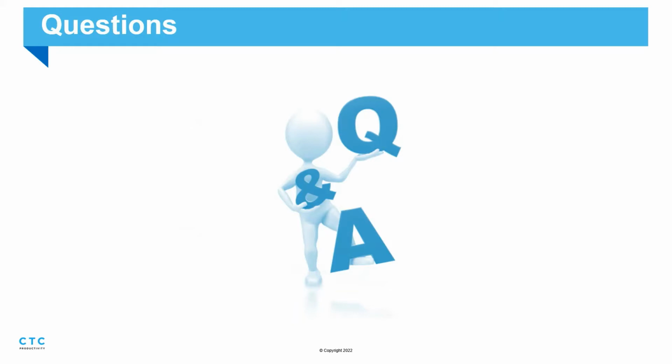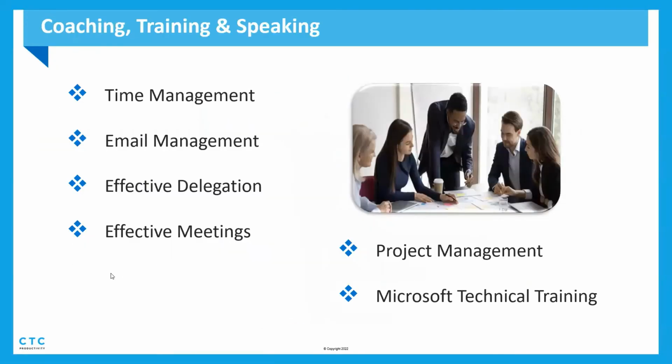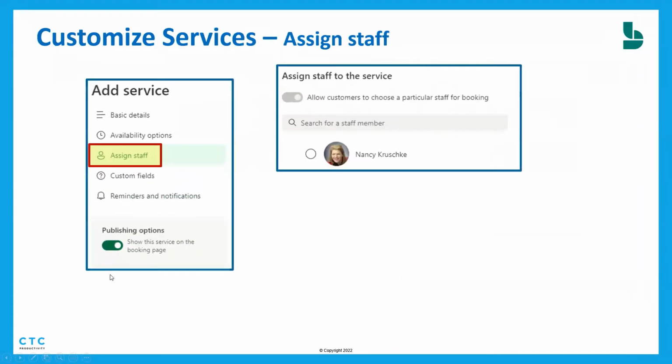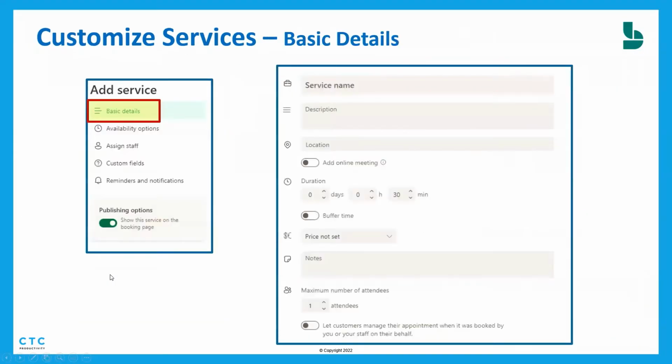Jamie asked, is there a way to allow multiple people to sign up for the same time slot? For example, if we're able to take 6 people at a time for a group training, but no more than 6 is allowed. Yes. When you are setting this up, in the basic details, there's the maximum number of attendees.